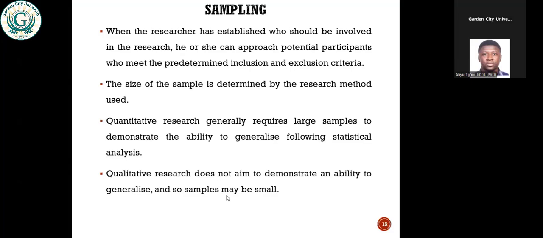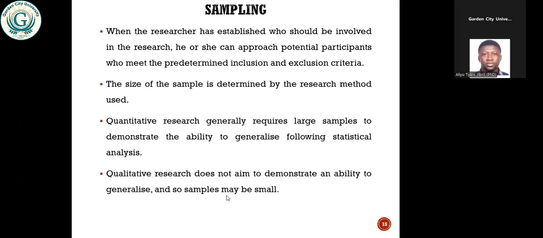The interval is determined by dividing the total population by the sample size that you want. So if you want 200 samples out of 2,000, then your interval is determined by dividing 2,000 by 200. And what you get will be your interval.